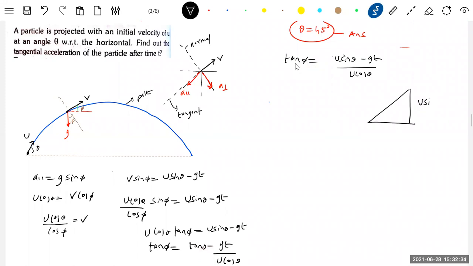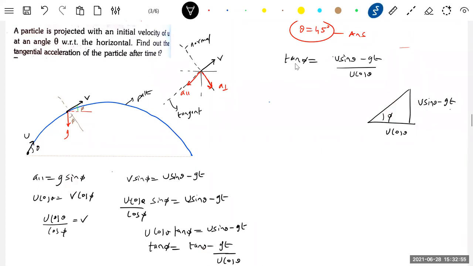This is equal to u sin theta minus gt by u cos theta. Call this some quantity, under root this will come. Now from here bring the sin phi, substitute here. You'll get the tangential acceleration.